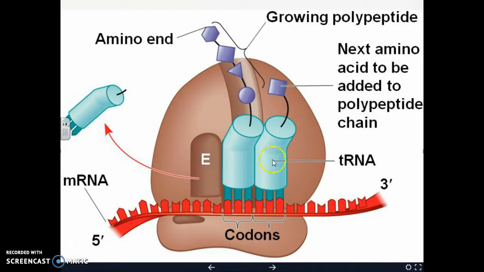You have the A site where this amino acid is being brought in, or arriving. You have the P site where it's being processed into the polypeptide chain, in other words, it's growing an amino acid chain. And then you have the E site where it's exiting or ejecting. Again, codons on the mRNA are calling for specific anticodons, and then those polypeptides are moving along.